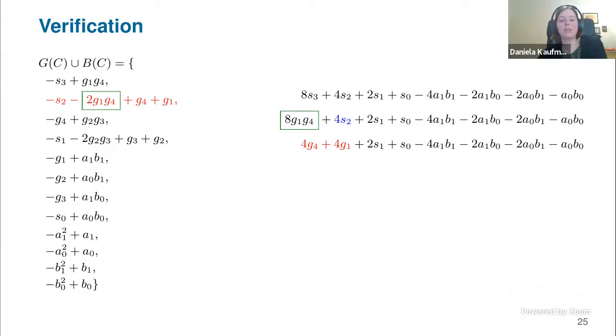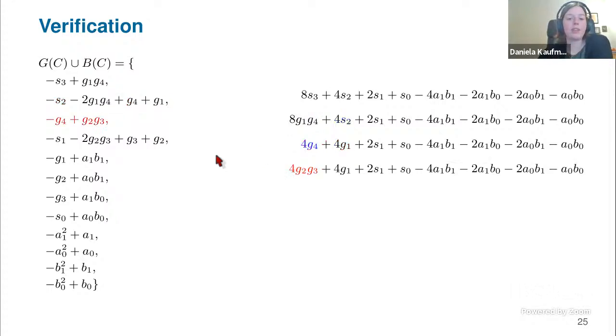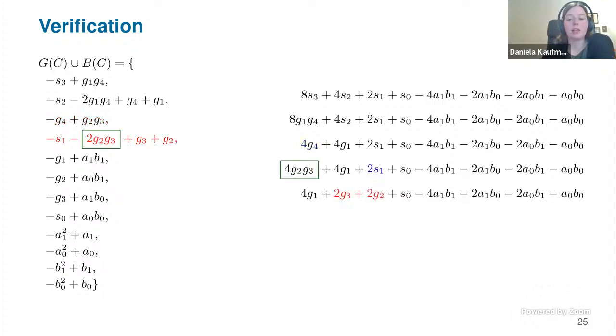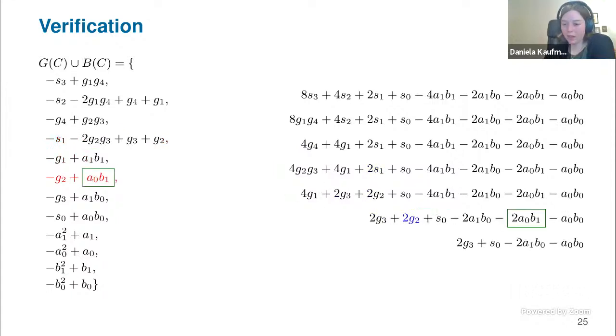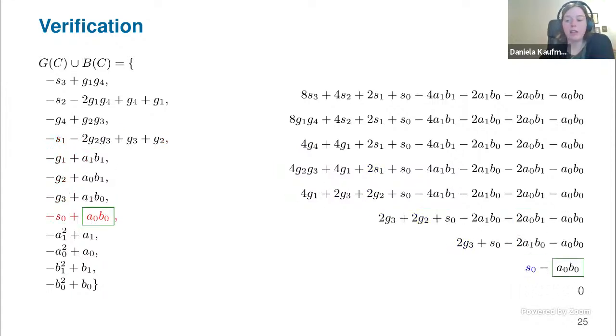I will show you a graphic for that in a second. But now let's continue our verification steps. In the next step, we reduce by G4 and get G2, G3, and so on and so forth. We continue until we get our final remainder 0. So here we see that the multiplier I showed you in the beginning is indeed a correct 2-bit multiplier.